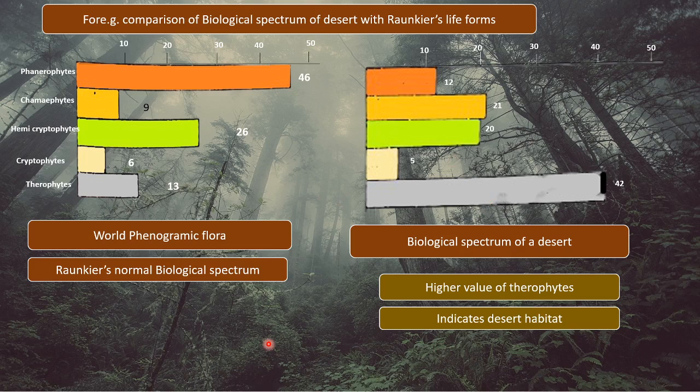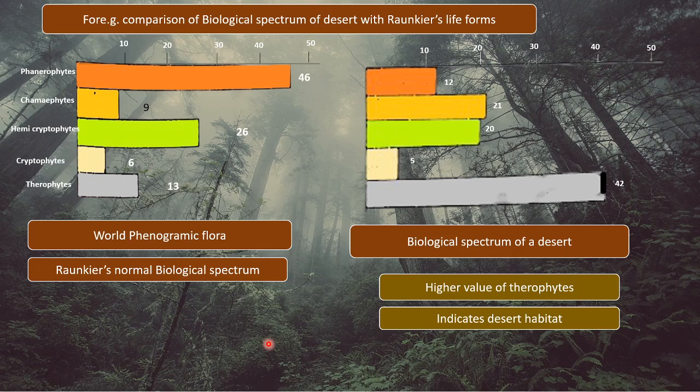So this is actually the physiognomic method. If you remember, we had seen that there are two things that we do in the physiognomic method. First is that we record the life form and we calculate its percentage value. That we already saw, how to calculate the percentage value.